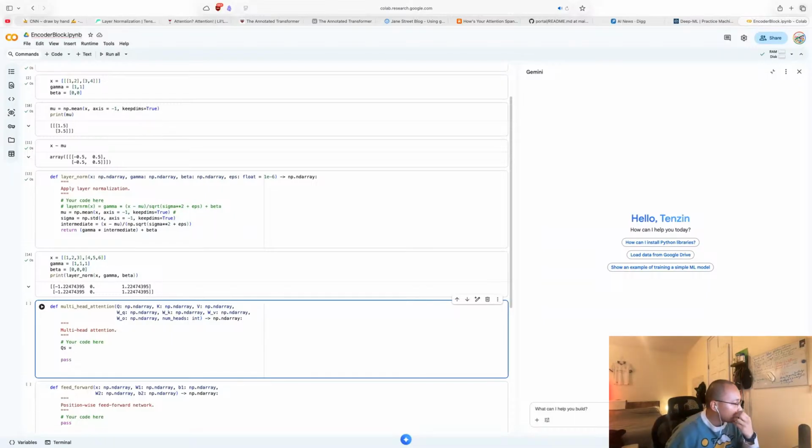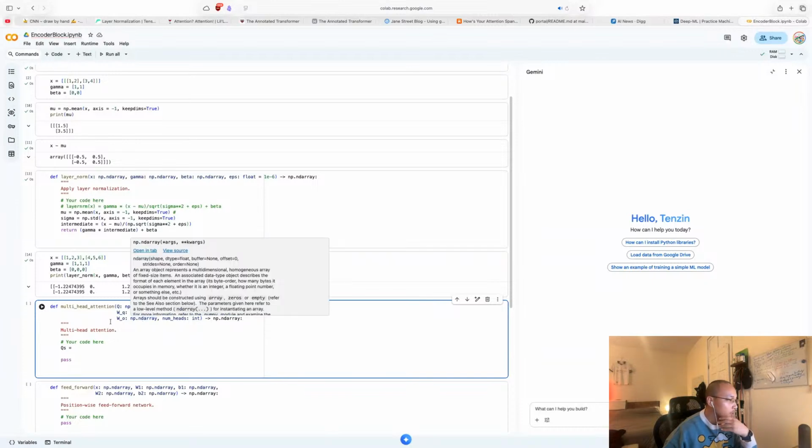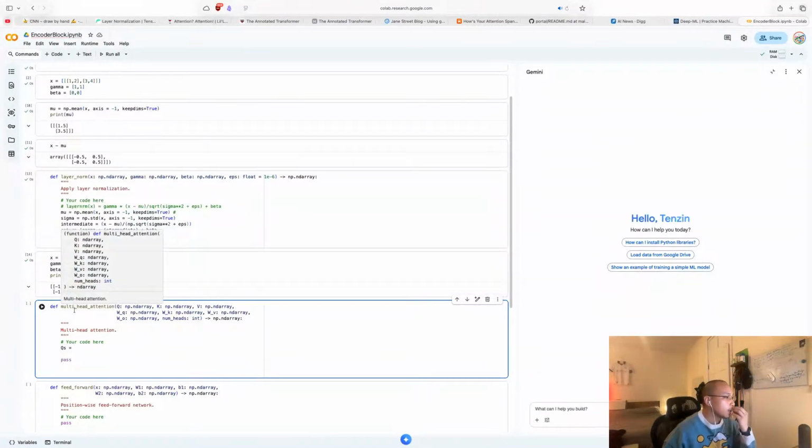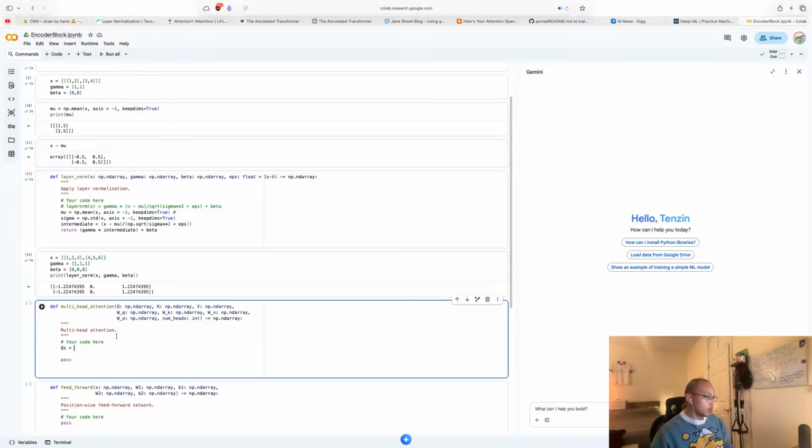So what do we have? We have an initial set of query, key and value matrix, but when we decompose them, when we project them into the smaller subspaces, you have actually WQs.